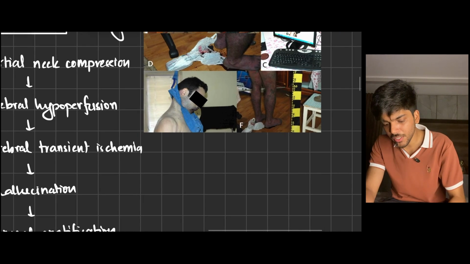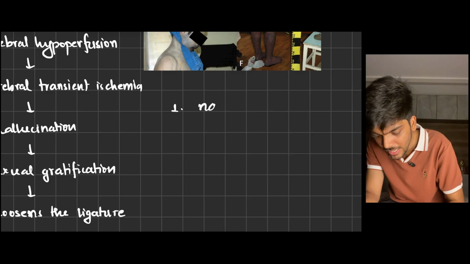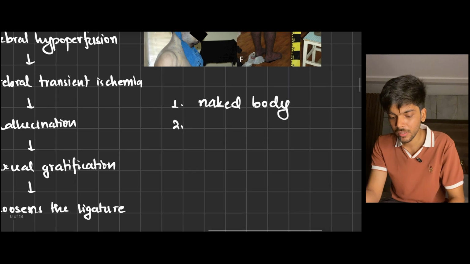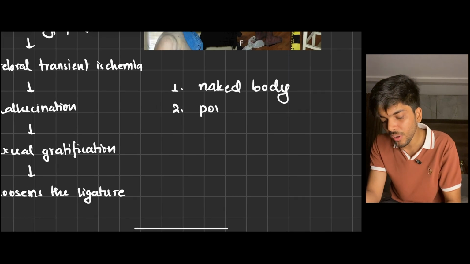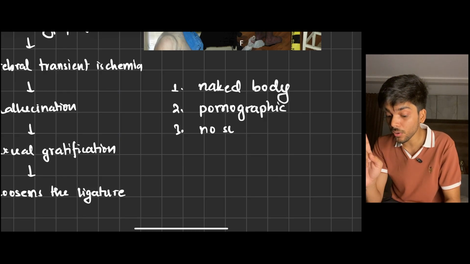Usually in such cases, if you look at the surrounding, you will find four things. Number one, a naked body, because the person is trying to get sexual pleasure. Number two, some pornographic stuff around. Number three, no suicide note. If it were a suicide, he would have written a note.